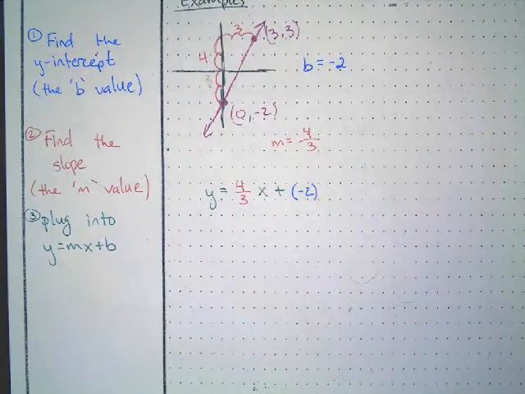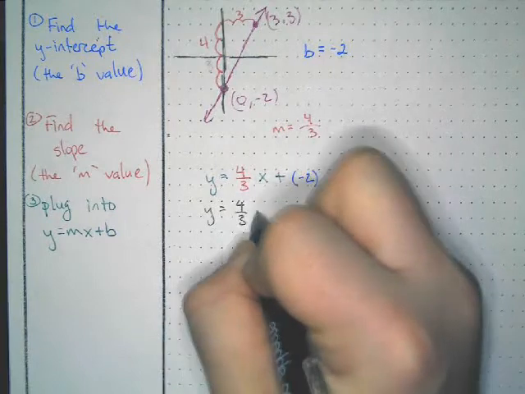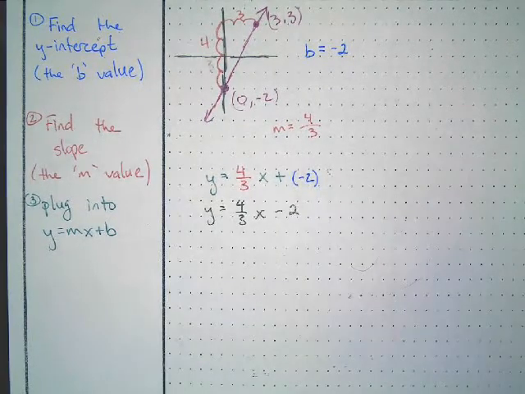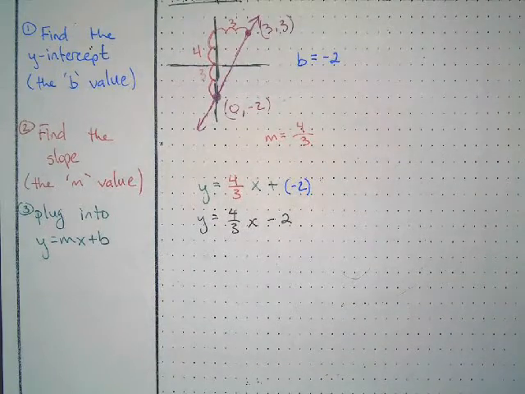But instead of writing plus and negative, we'll write it as just a minus sign. So y equals 4/3 x minus 2. So we found the y-intercept, we found the slope, then we plugged it in.